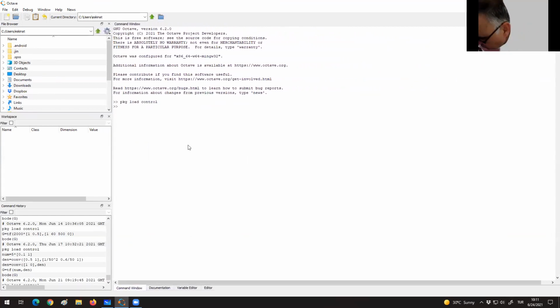So let's try to define a transfer function. Let's say, I'll just make it up now. G is equal to transfer function of 1 as the numerator.